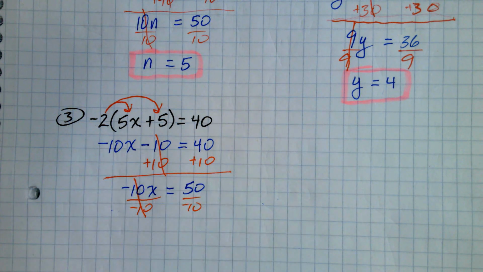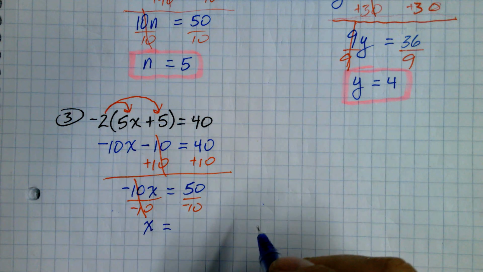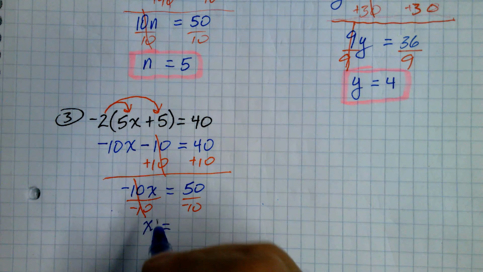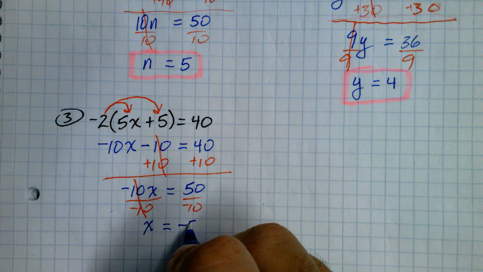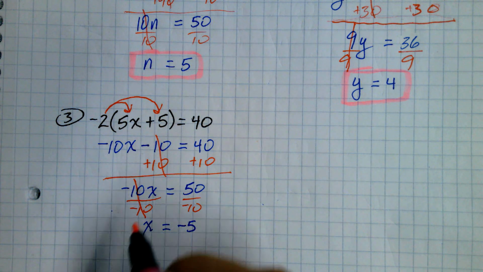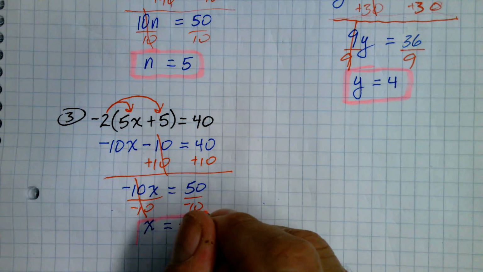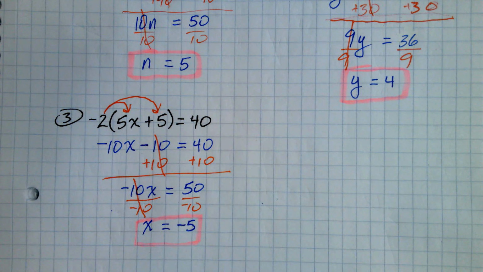So it's going to be x equals 50 divided by negative 10, negative 5. Is it negative 5? Not too bad. Good job, guys.